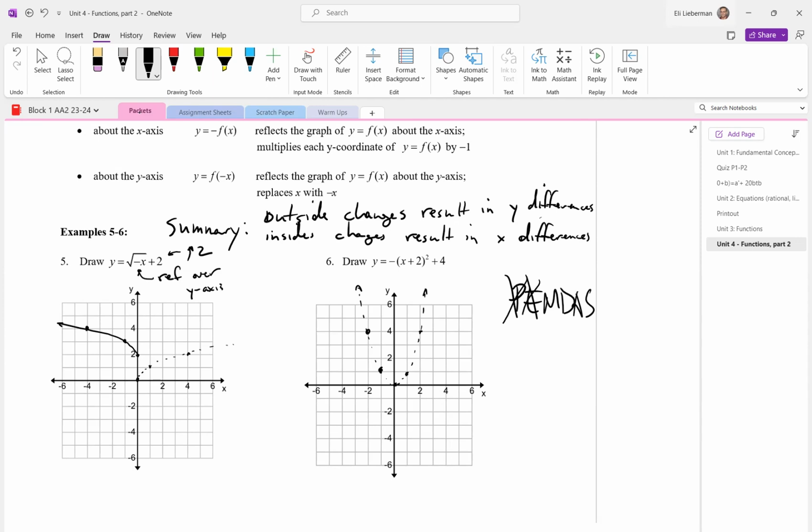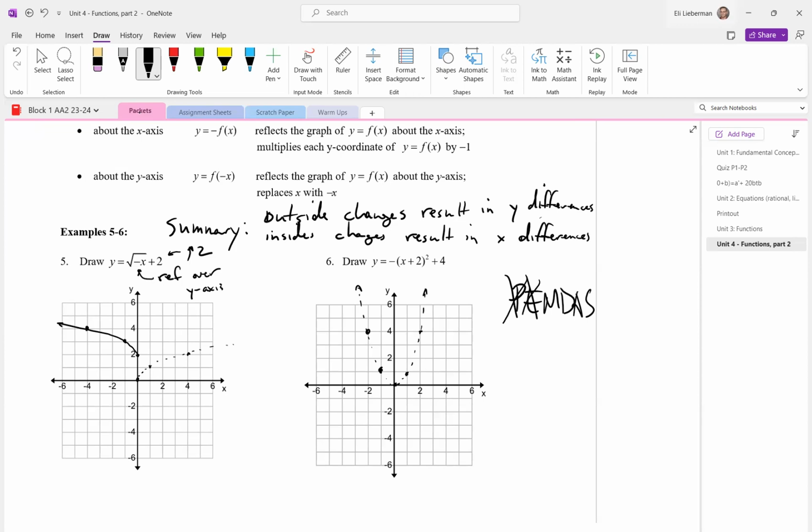Oh, so you're moving the vertex first. Oh, okay, I see. So 0, 0 stays there after reflection, and then up 4, and it just happens to be on the original parabola. Okay, so that's going to be the vertex of our new one.